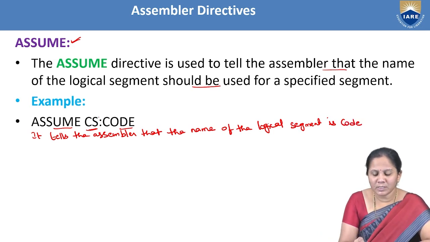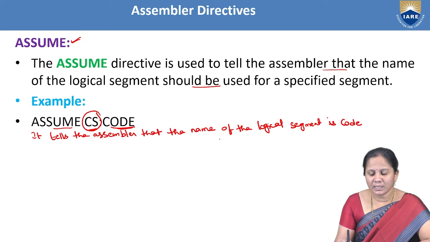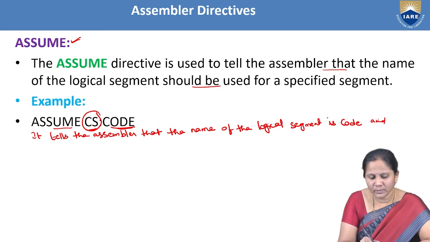Why? Because if we are using CODE, we use CS colon here, where CS represents code segment in which the code is specified. So it tells the assembler that the name of the logical segment is CODE and it contains.